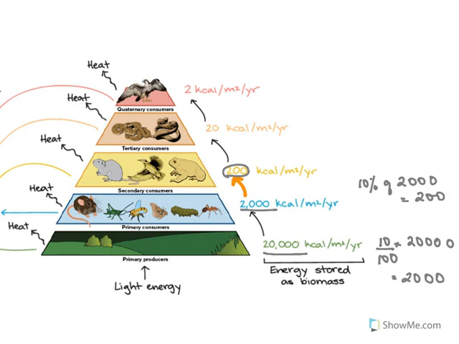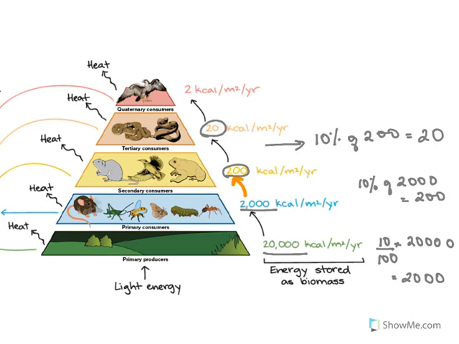Now to calculate for the next, from the secondary consumers to the tertiary consumers, here you will do again 10% of 200. And 10% of 200 is 20 kilocalories. So 20 kilocalories available at the tertiary level.